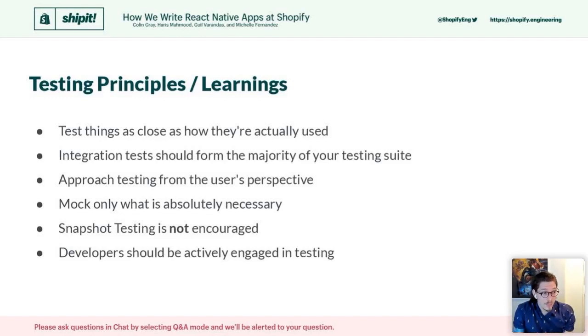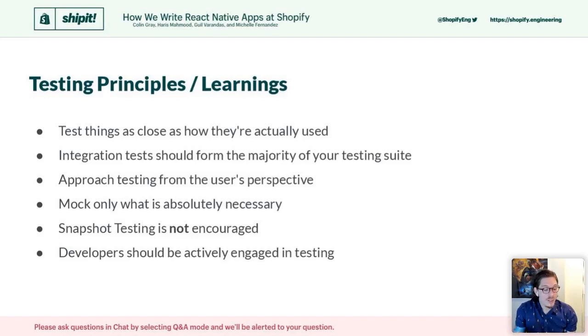Another thing that might be a little contentious is that we do not encourage using snapshot testing. And that's for a couple of reasons. Their output form is just not readable enough, and they constantly break. You're going to notice that every small change that you make in your system might break tons of seemingly unrelated tests.